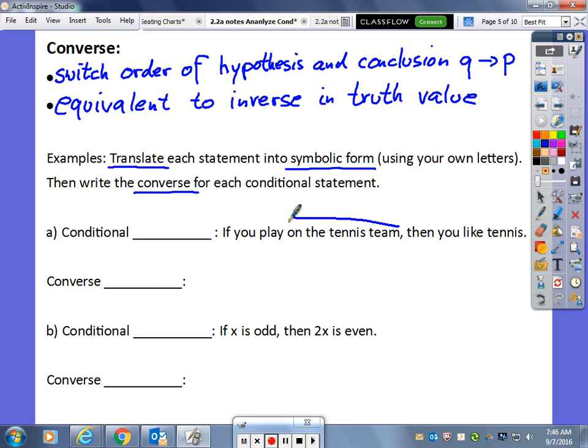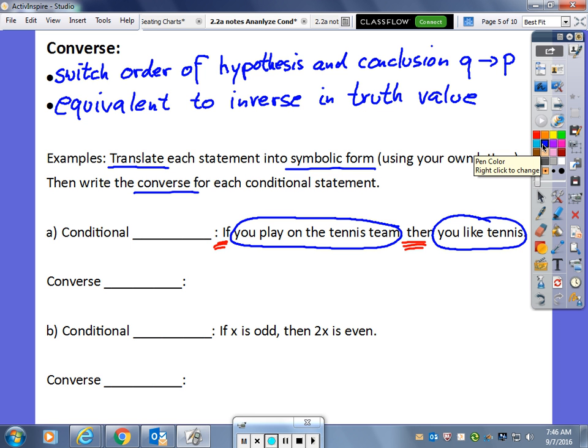You play on the tennis team is our hypothesis, and you like tennis is our conclusion. Remember, the if indicates our hypothesis, the then indicates our conclusion.